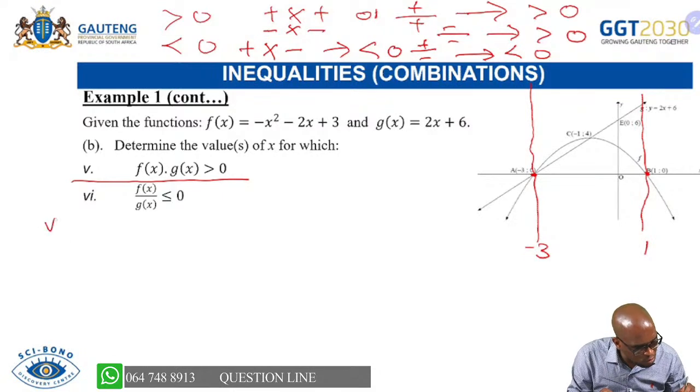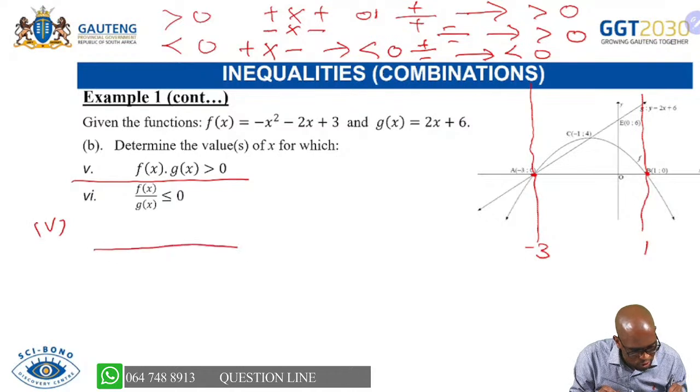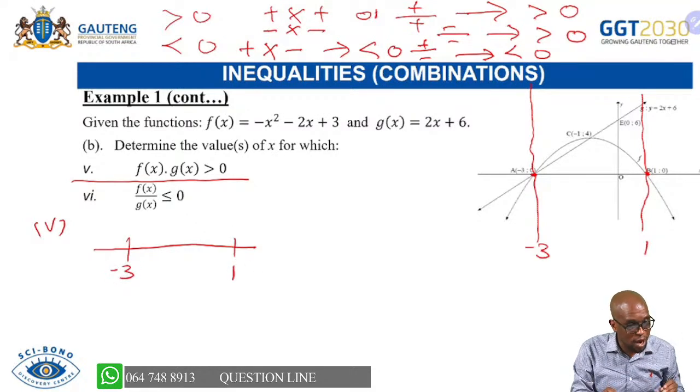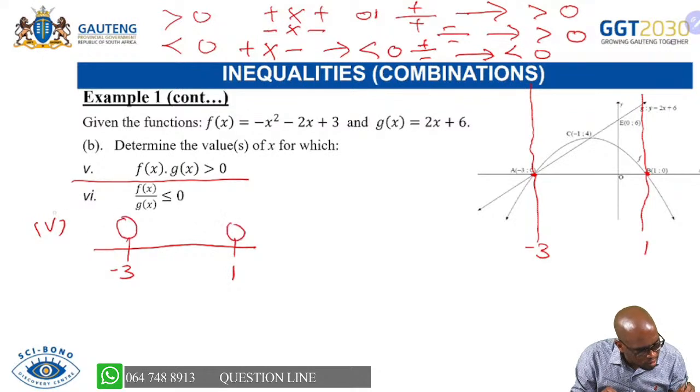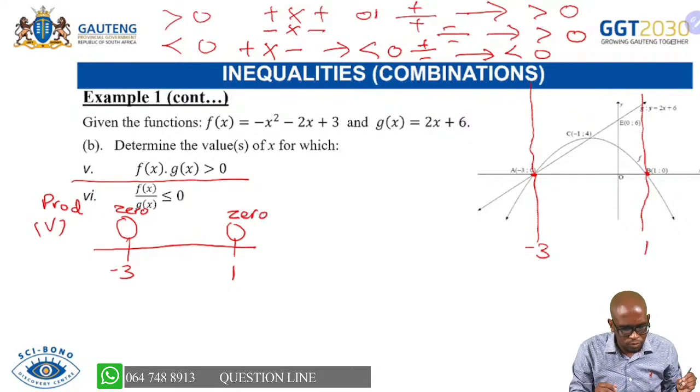Now, with the first one, I'll draw a number line. The first point of reference is -3. The other point of reference is 1. And then here, I have the product or the combined effect. The combined effect here is 0. The combined effect here is 0.